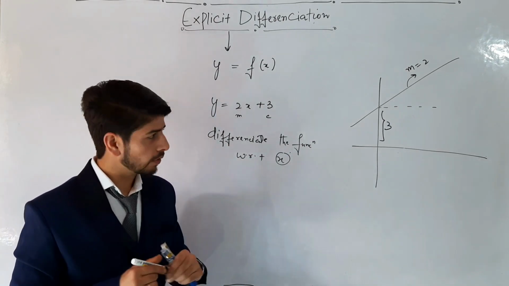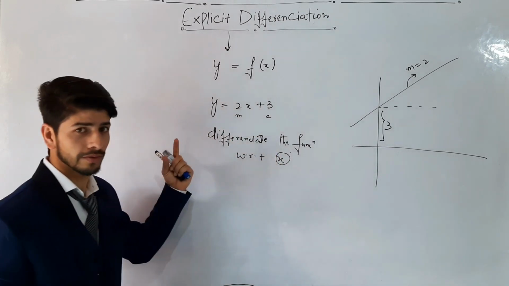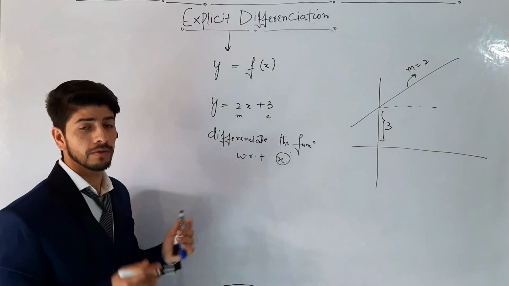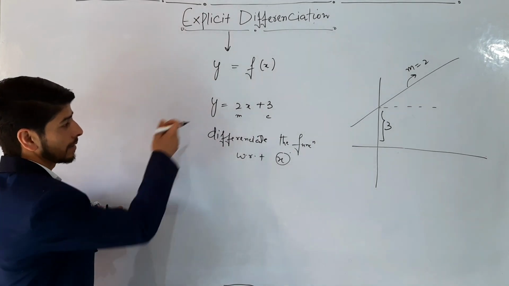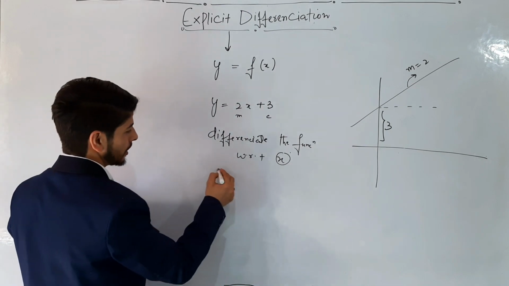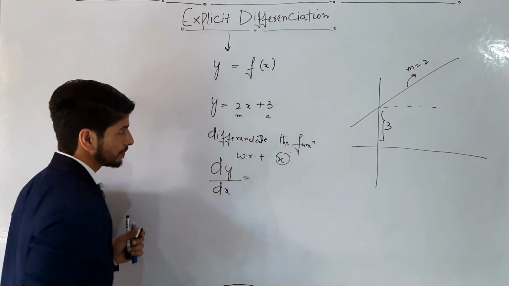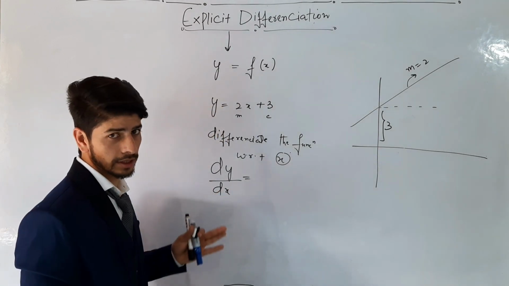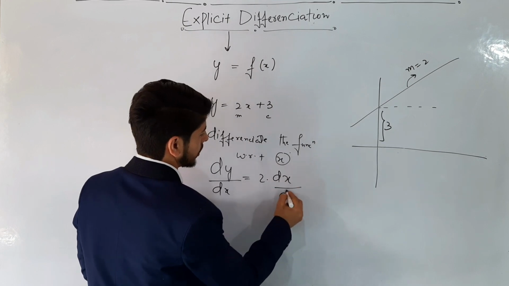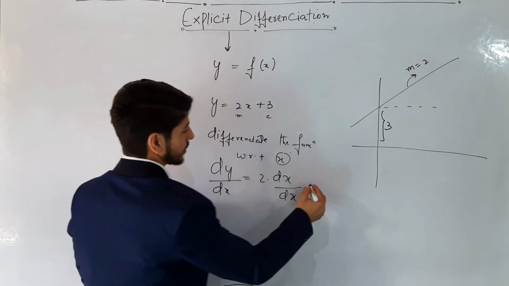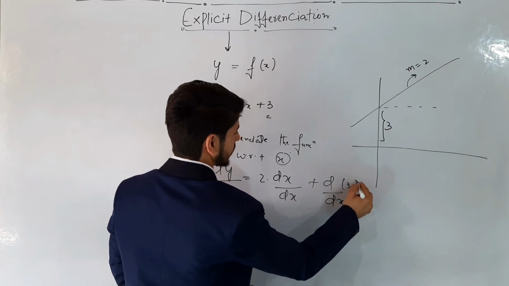The gradient gives the instantaneous change in one quantity, the dependent quantity y, with respect to an independent quantity, here x. It will be dy upon dx, and the 2 is a constant and will come out, so we have 2 d upon dx of x plus d upon dx of 3.